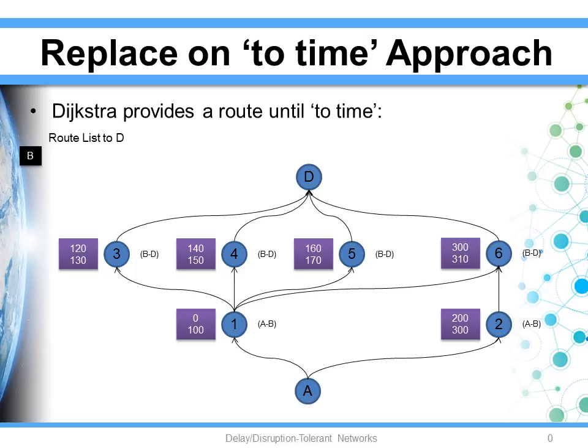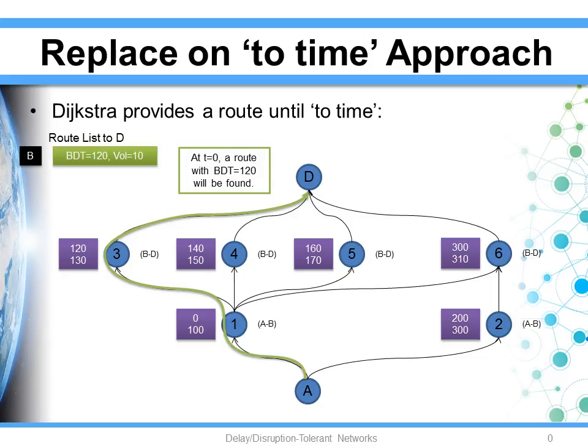So Scott's approach, which is based on replacing the route on to time event, works like this. In the beginning, at time 0, I run the Dijkstra search to get a route, which in this case would be the best route, with 120 seconds, minutes, whatever unit this number could be.